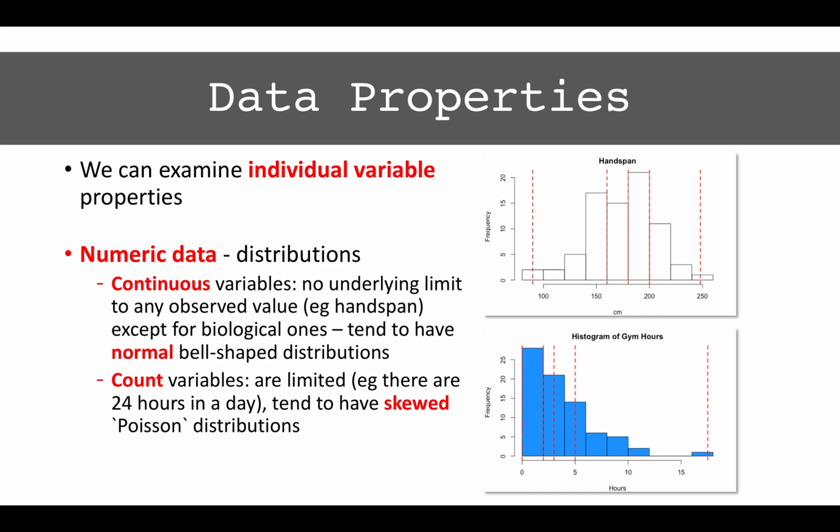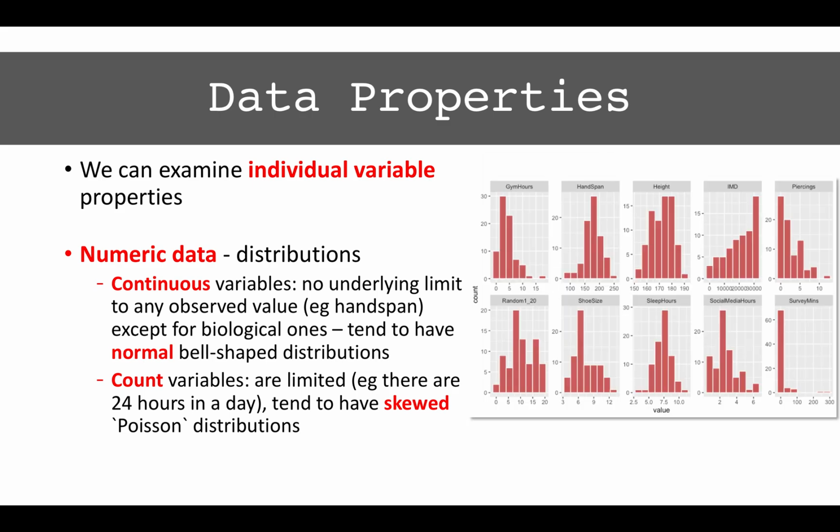We're not going to go into different types of distributions in great detail, but really this is something to be aware of. If you see a distribution that has that kind of shape, it's typically a count variable. So there are some important distinctions between numeric data, and the most important is the difference between count variables and continuous variables.